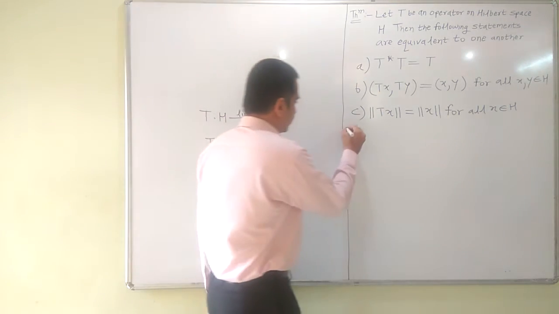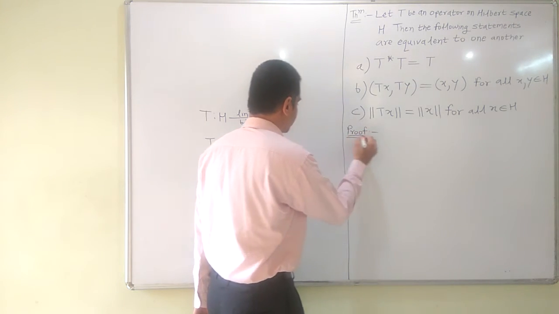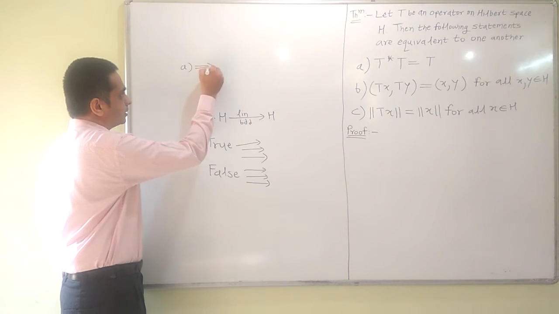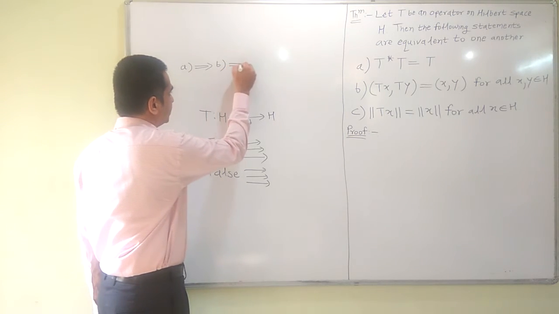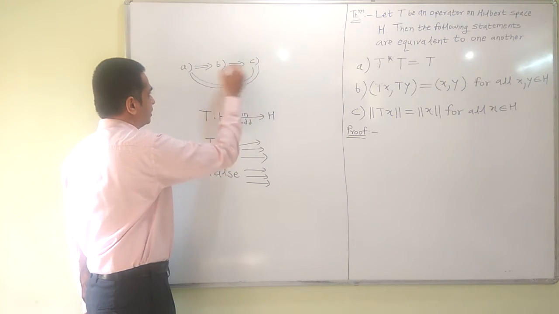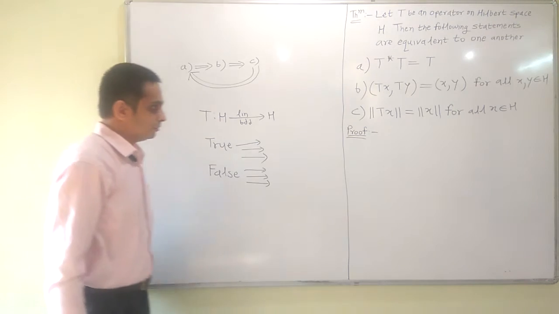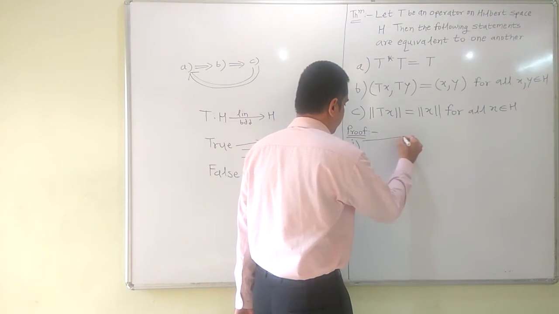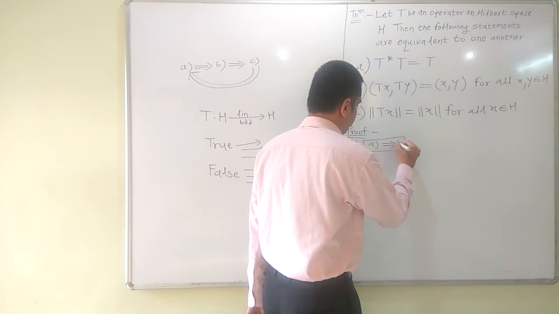So let us establish the equivalence by proving that A implies B, B implies C, and finally C implies A. So that will give us the equivalence of these statements. So first, let us prove that A implies B.